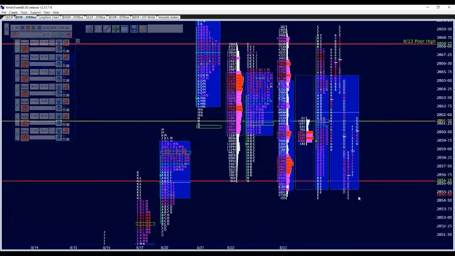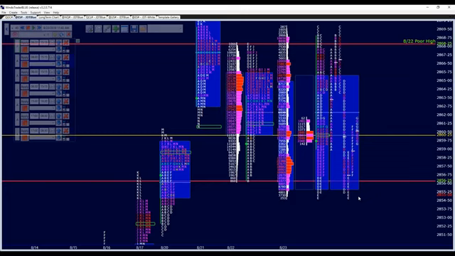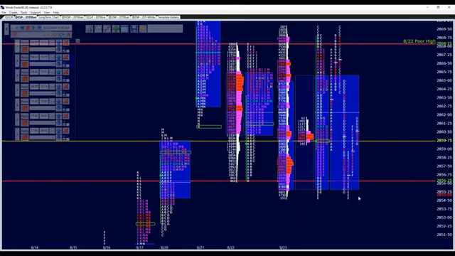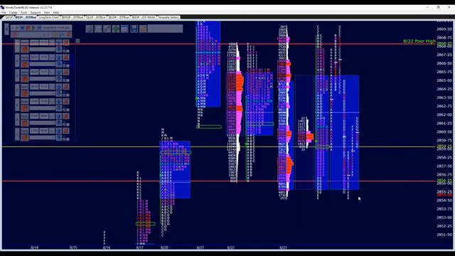Some of those traders that were long at the high this morning and got out or didn't get out, or some of those that shorted up there, now the market goes down, and some traders have it right, but some are getting whipsawed in here. They're going long and short. You have to be able to keep a perspective on what the market is actually doing. So let's just watch a little more of this play out.